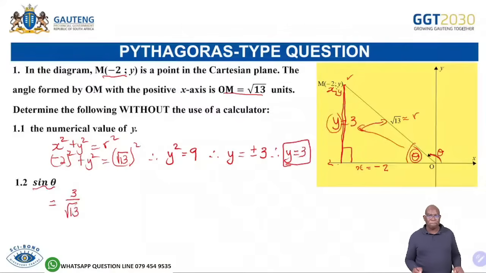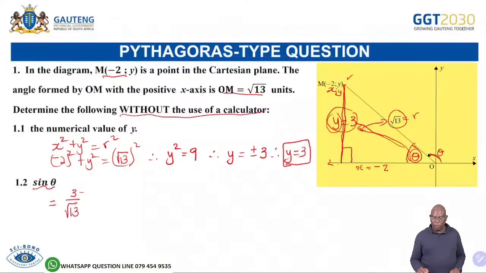The other answer can be 3 root 13 over 13. But they said without the use of a calculator, so let's leave it like that, because this is your opposite side of the angle. That is the hypotenuse.